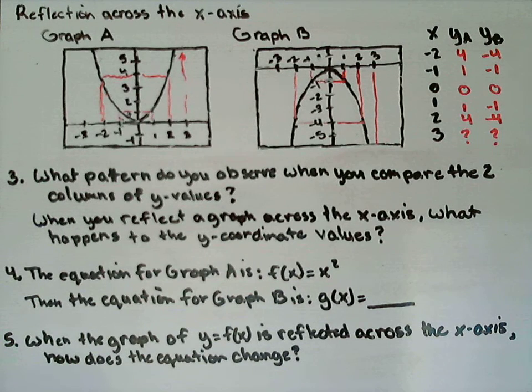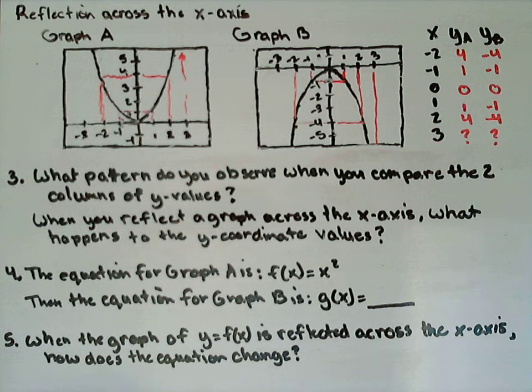When we move on to question 4, the equation of the graph A is f of x equals x squared. Now we need to find out the equation for graph B. To do this, we can use what we've already learned from question 3 and 2.